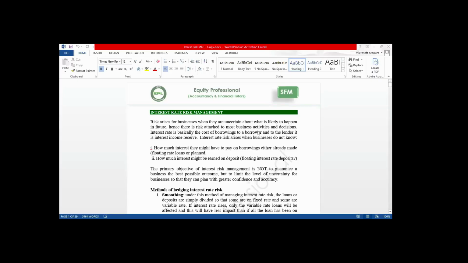You may equally ask yourself, why will a company decide to borrow at a floating rate?